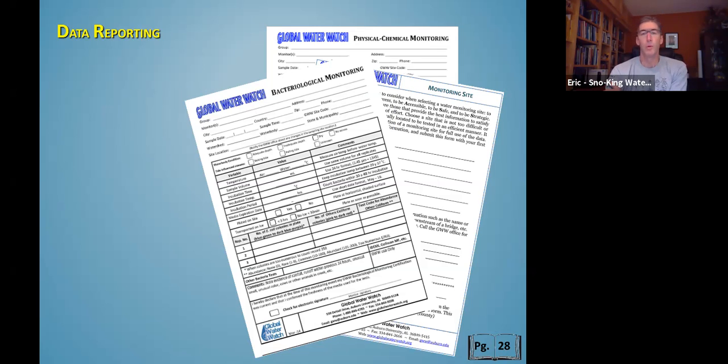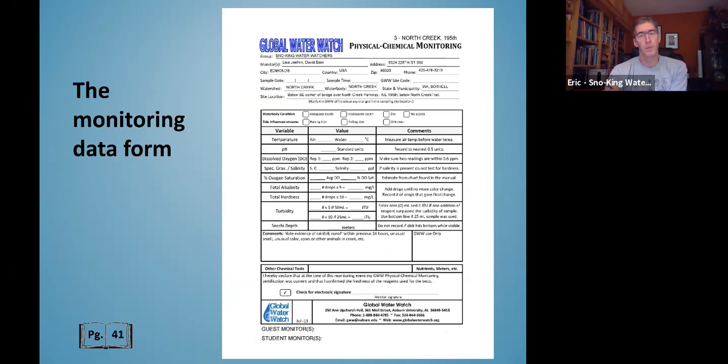Then we have different reporting forms for different types of monitoring. So if we're doing physical or chemical or bacteriological reporting, we have particular data forms. This is an example of the physical and chemical monitoring data form.